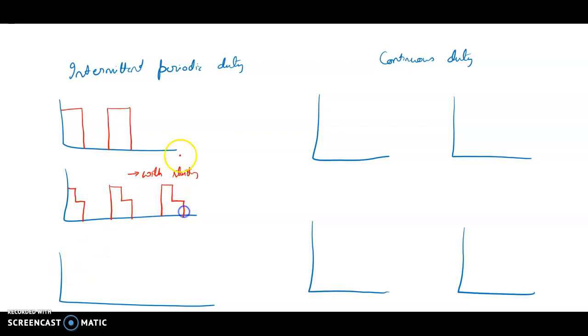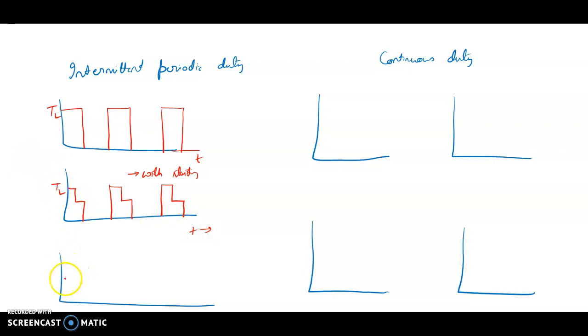On, then rest, then off. Sorry, not that. Here it is intermittent periodic duty only, so it is like this. Here we have time, here we have TL, similarly we have time here and TL.